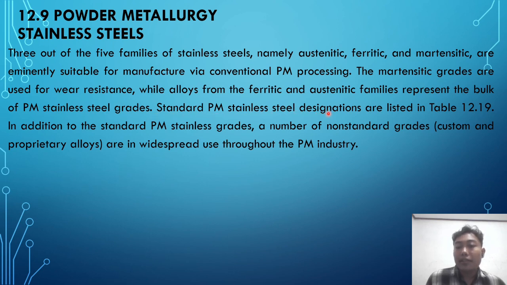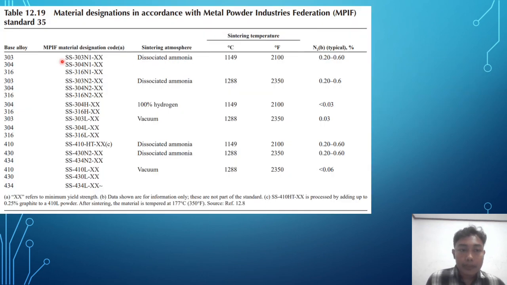Standard PM stainless steel designations are listed in Table 12.9. In addition to the standard PM stainless steels, a number of non-standard grades, custom and proprietary alloys are in widespread use throughout the PM industry.